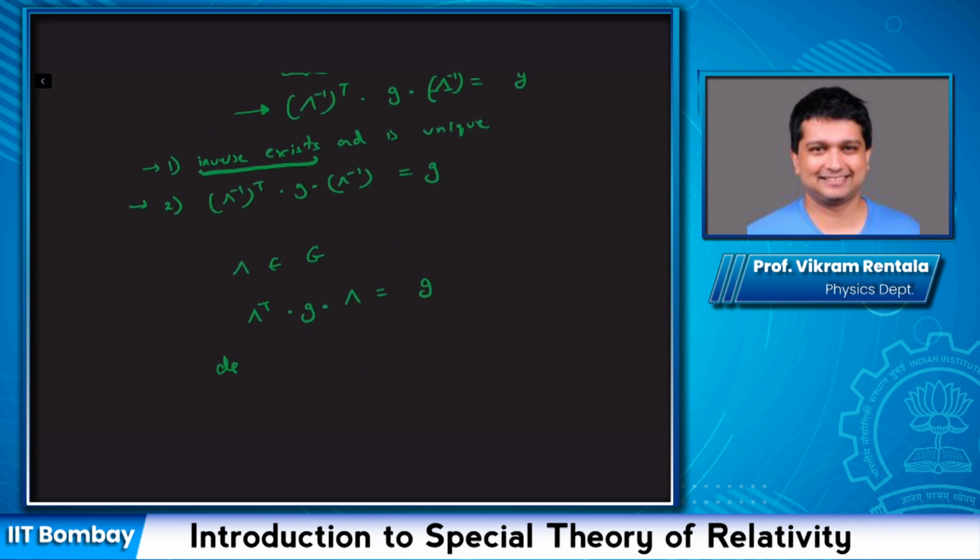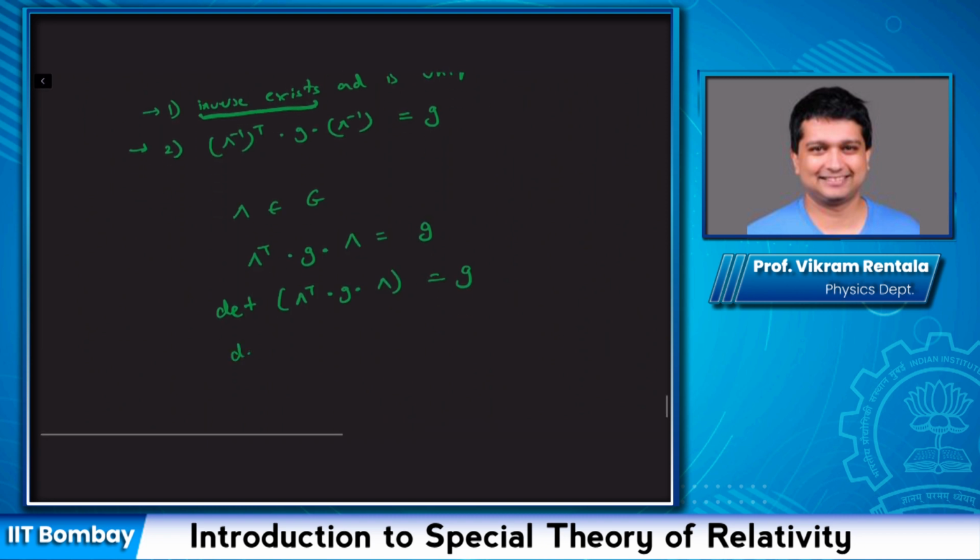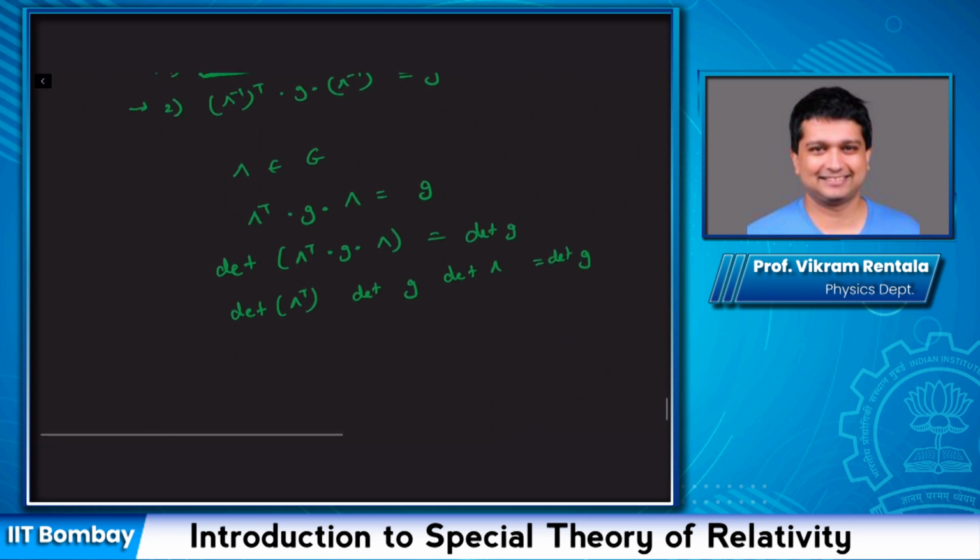So if we take the determinant of this, determinant of lambda transpose dot g dot lambda, which is the same as determinant of lambda transpose, determinant of g, determinant of lambda, is equal to determinant of g. The determinant of g was -1. It's some non-zero number, so these just cancel out. And what we get is determinant of lambda transpose, determinant of lambda is 1.